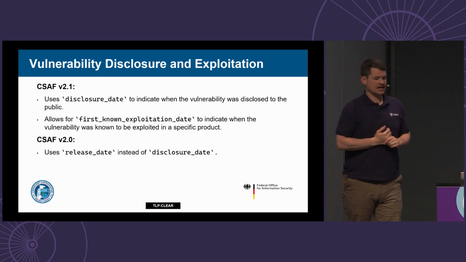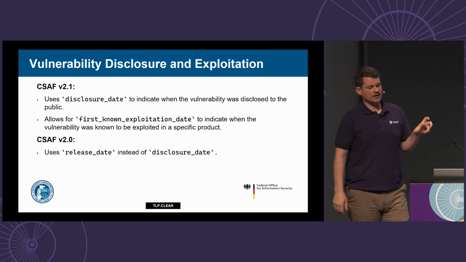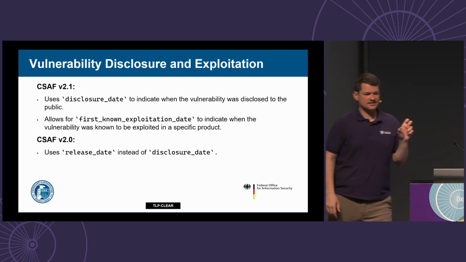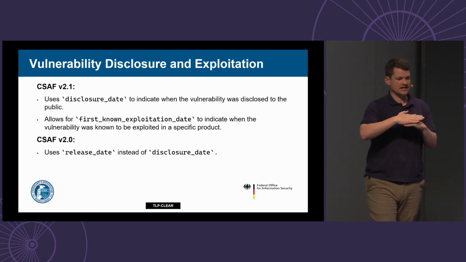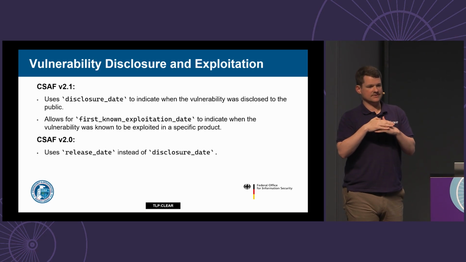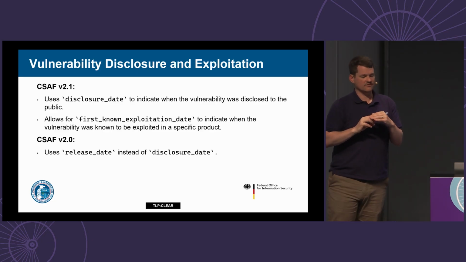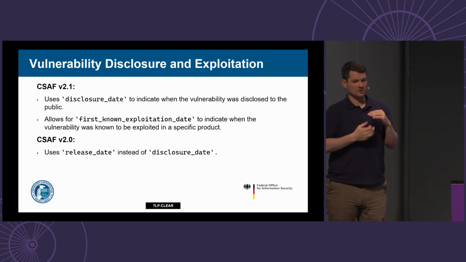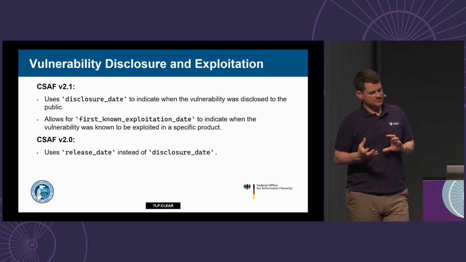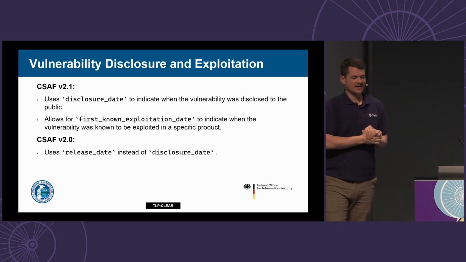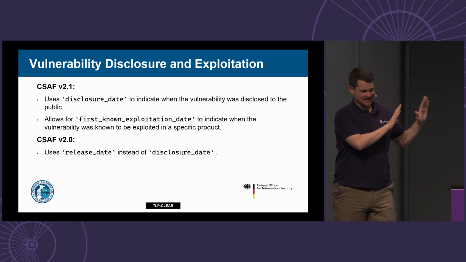Disclosure date. In version 2.0, we had release date, which shows up in two different places. You have the document property, with the initial release date and the current release date. We also, in version 2.0, in the vulnerability property, had a field for release date. We got some feedback from the community that this could be potentially confusing. So, current release date and initial release date are not changed.